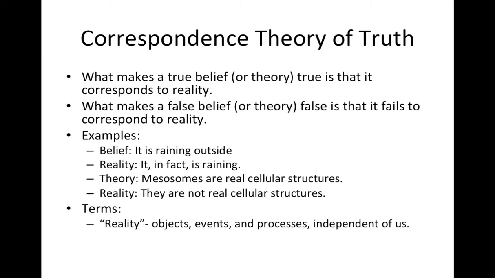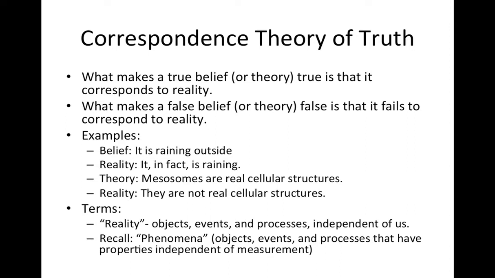Now, the term reality, in this case, is supposed to indicate objects, events, and processes which are independent of us. And we've seen this before, so we did talk about reality, but it was in the form of phenomena. We use the term phenomena, at least in van Fraassen's sense, as objects, events, and processes that have certain properties which are independent of measurement.